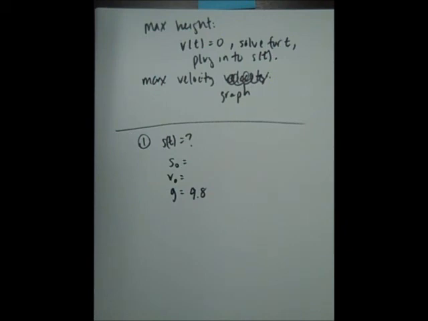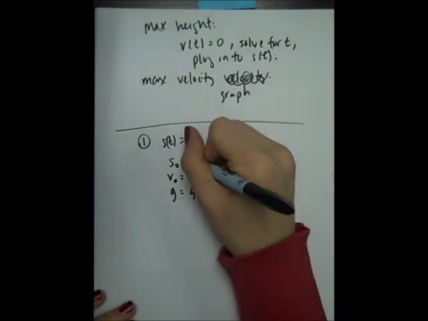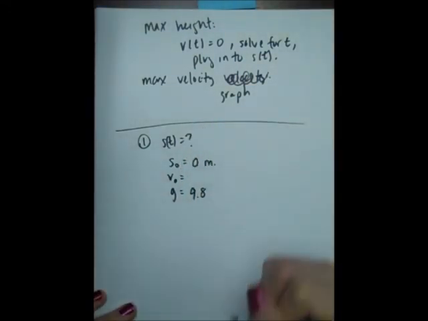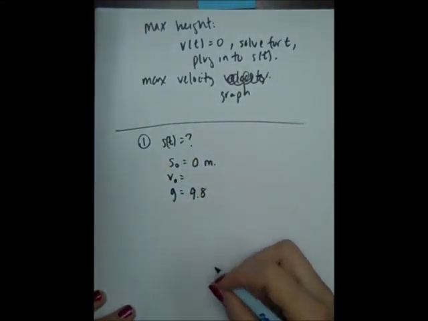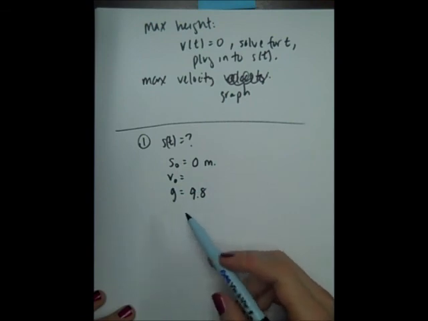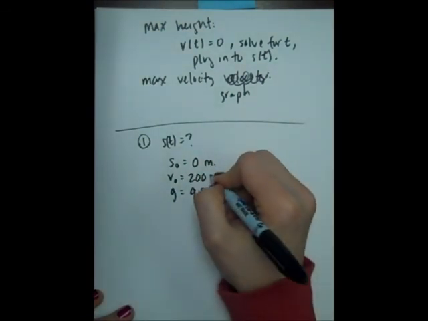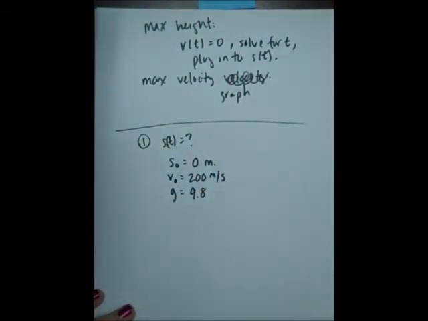Next, S naught. S naught was the initial position. So here it says the bullet is fired in the air from the ground. So what was the initial height if it's fired from the ground? Initial height would be 0 meters. Next, I need initial velocity. In the problem it told you the initial velocity is 200 meters per second.